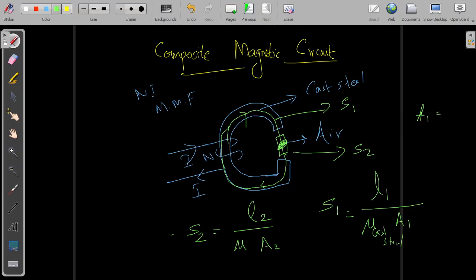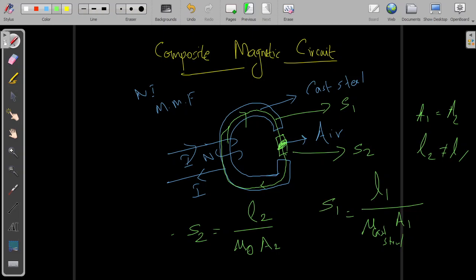But L2 is not equal to L1, and mu, the permeability of the medium, is actually mu 0 for air. So two parameters are different, so the equation is also different. Two reluctances, S1 and S2, will be there.